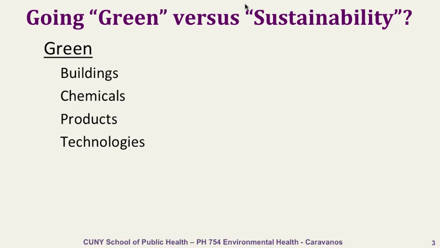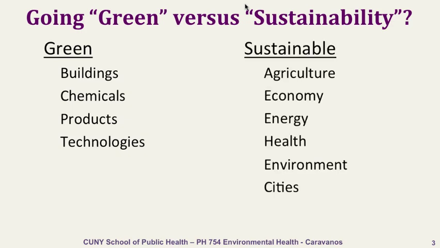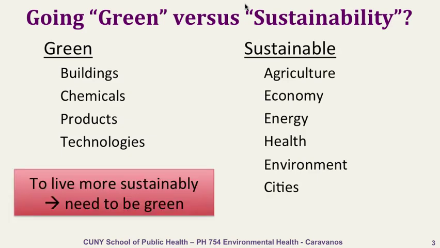So green is sort of an impact rating. Now, sustainable is a broader term. The way I see this is, to live more sustainably, you need to adopt green practices. So for us to have a sustainable economy, a sustainable environment, we need green buildings, green products. We need them to be low impact so they'll be available for future generations.